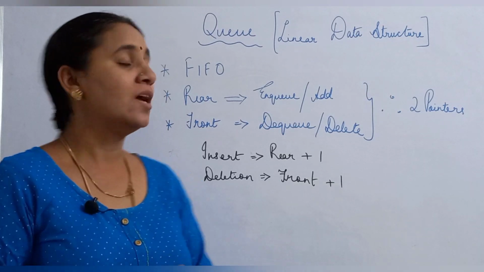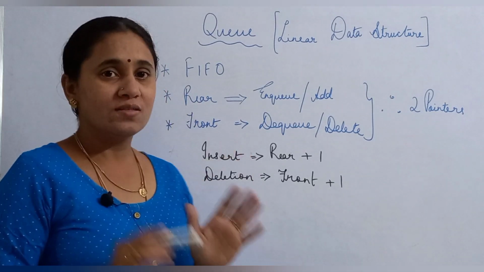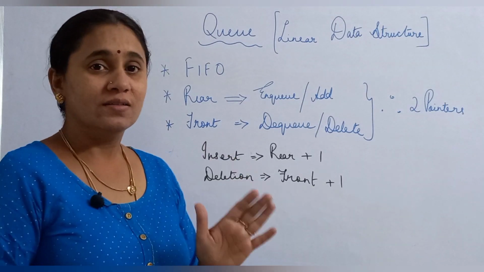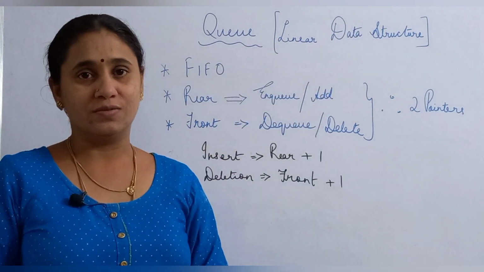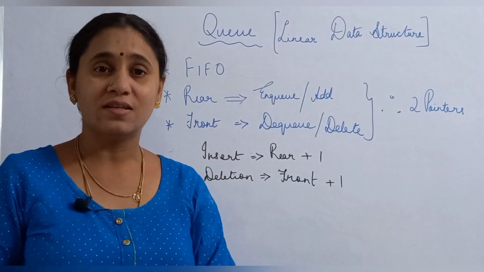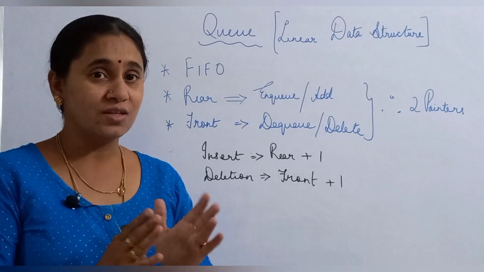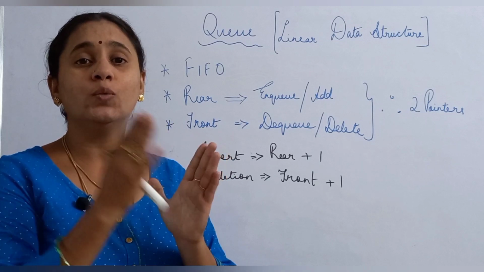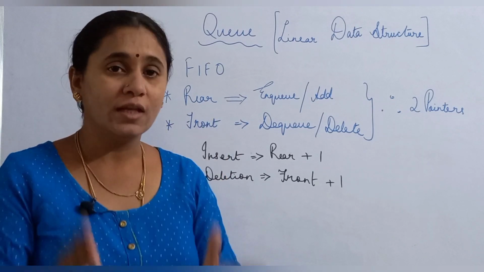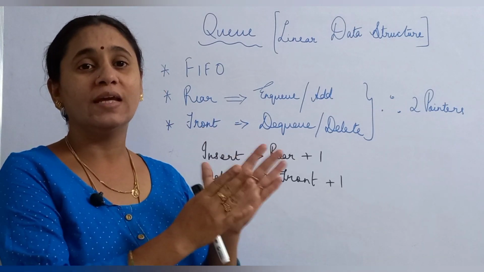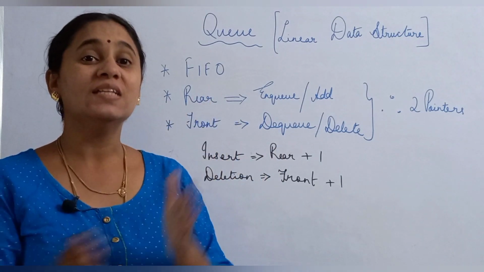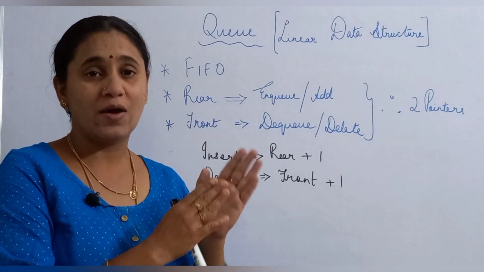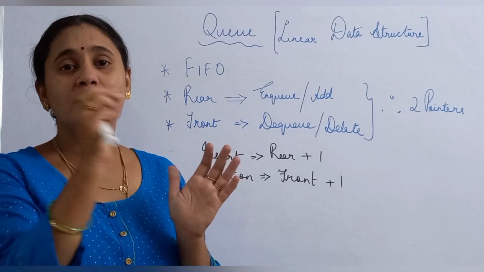Now, what is a queue? A queue is a linear data structure. So what is a linear data structure? A linear data structure stores the elements in a contiguous manner. That is what is called contiguous. The elements get arranged one by one in sequential manner, with sequential memory addresses.